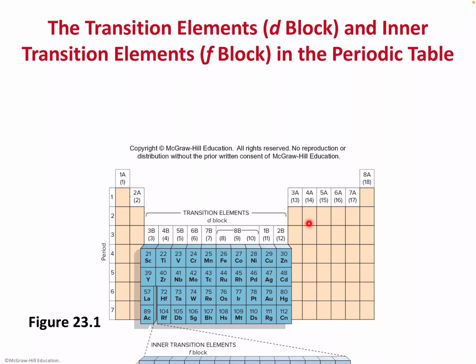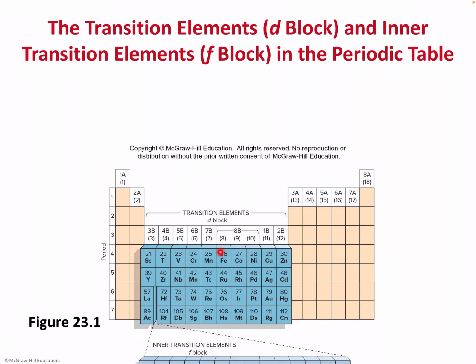P block element. Remember this is P1, P2, P3, P4, P5, P6. So those are the last electrons that are filled up in this block. So this is your S block, P block, and this is the D block. We call it D block because the D electrons start filling up in this block. D1, D2, D3, D4, like that.